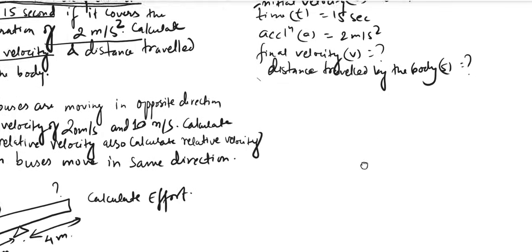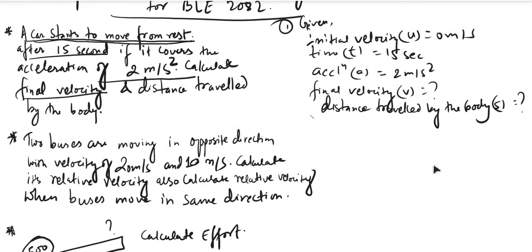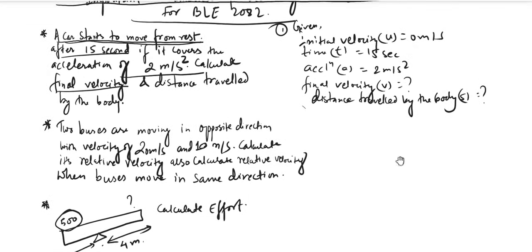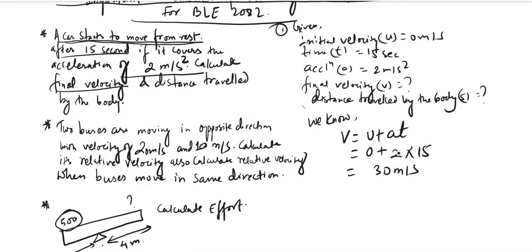So we know the formula, v is equal to u plus at. It is the first equation of motion. So u is 0 plus 2 into 15. So it becomes 30 meter per second.